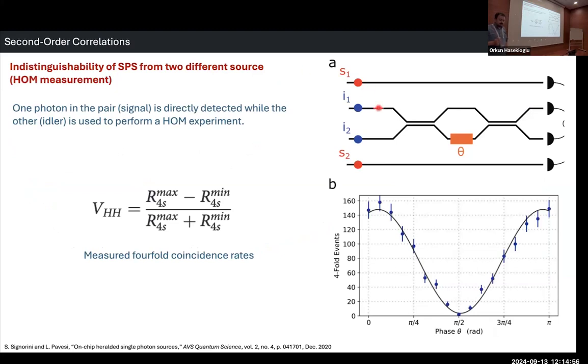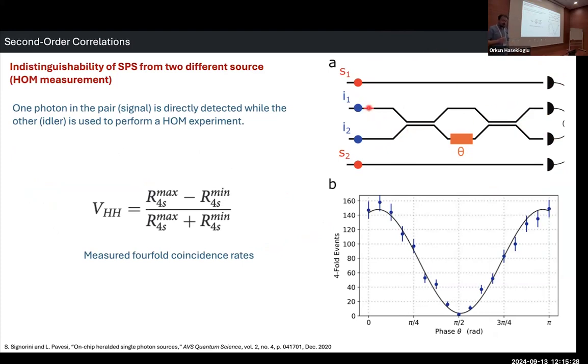You can send your signal photons to the detector to check the heralding effect together. Since it is a probabilistic source, one photon might be produced, but the other might not be produced simultaneously. So you need to check the correlations between these detectors. When you detect the photons simultaneously, then this gate can operate. So it's like a post-processed gate.